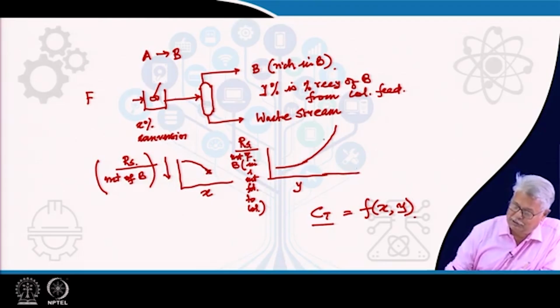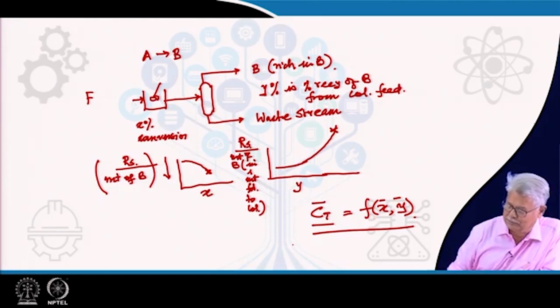Ideally, you would like to recover as high as possible actually. But if you look at this and if you solve such a problem, you will find there is a combination of X bar and Y bar, which are the corresponding values of X and Y, which optimize the total cost. And that is the optimized design for such a system.